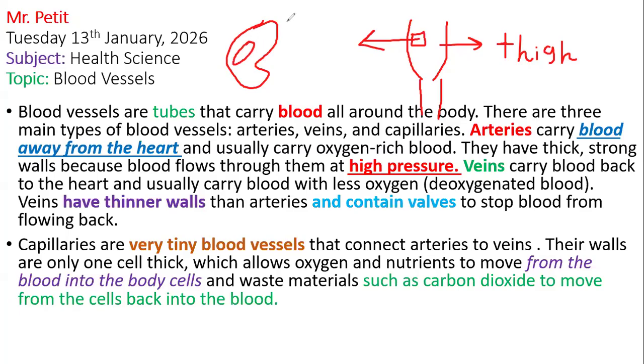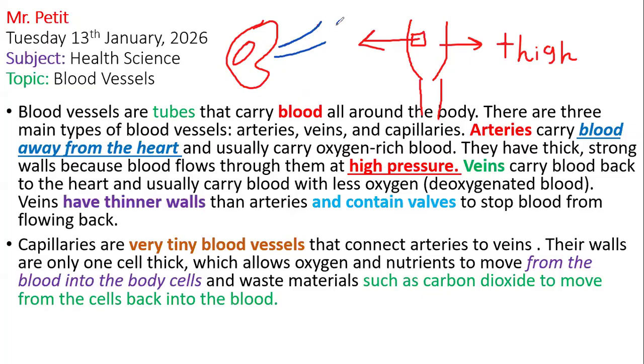So now you have the blood that is passing through. The blood needs to get into this cell, right? So how is the blood gonna get through it? Well, you need something small enough for it to be able to get through. That's where the capillaries come in.